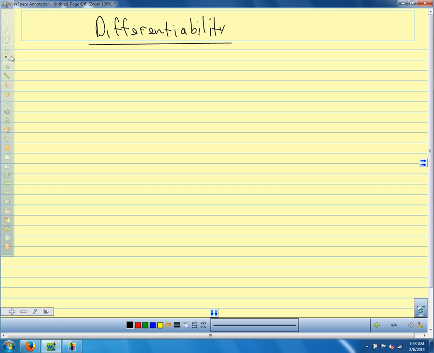So I wanted to look at an example of that. Let's say we have f of xy, and we're going to define this as a piecewise function. We're going to say this function is 0 for xy not equal to 0, and it's 1 for xy equal to 0.